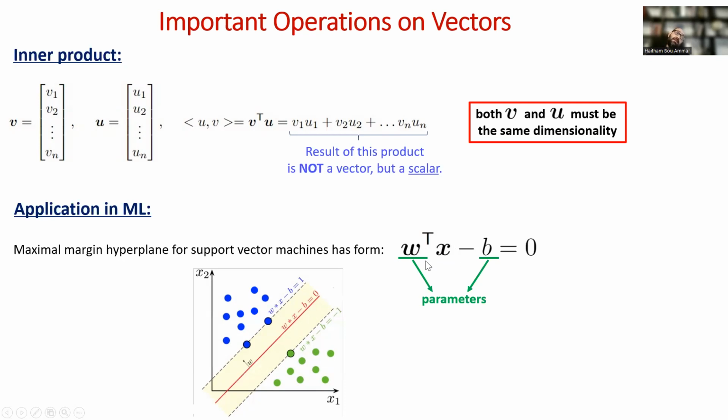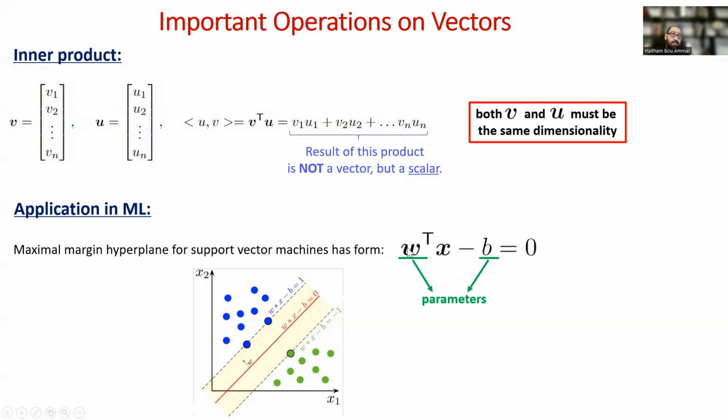The way you would take this inner product is just like this. You take the first component of your weight vector and multiply it by the first component of your x input. You add to that the second component of your weight vector multiplied by the second component of your x input, and so on up to n, depending on how many weights you have.